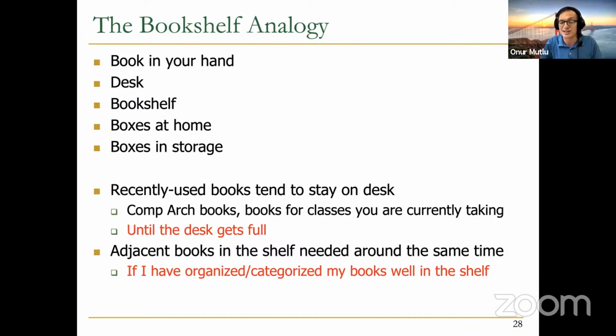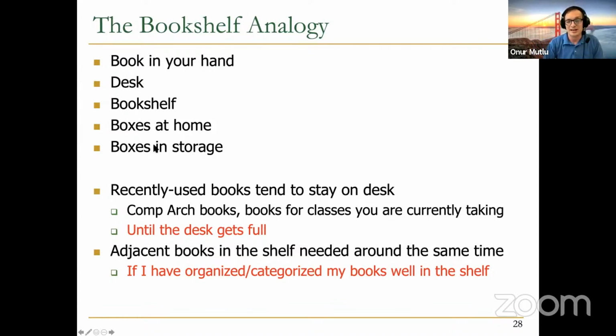But of course, they stay on your desk until the desk gets full. Once the desk gets full, you may need to evict a book from the desk, which may look like a cache, right? You evict the book and you put it on the bookshelf. And in the bookshelf, you may organize your books some way. Once your bookshelf gets full, maybe you put some really unnecessary or not so used books into boxes at home. And you may also have boxes in storage, not at home, that store books that you really don't anticipate using.